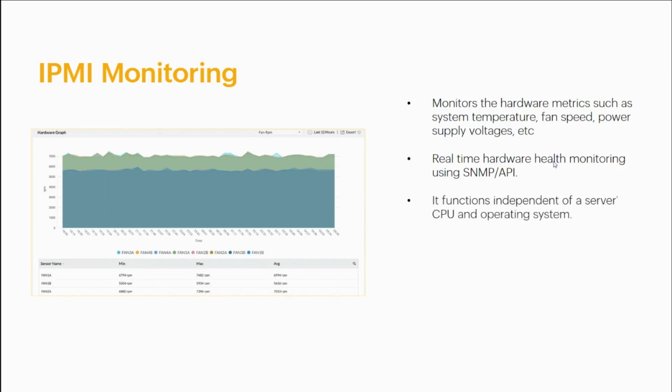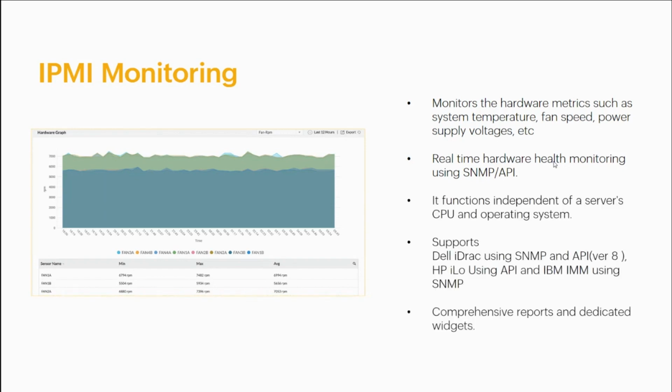So these are the devices that we support right now, and we are also constantly improving on our vendor support, as I told before. We also have a set of dedicated widgets, and we have comprehensive reports for IPMI monitoring as well. You can explore it from our demo, so you can find all device specific reports there. So that's it about IPMI monitoring.